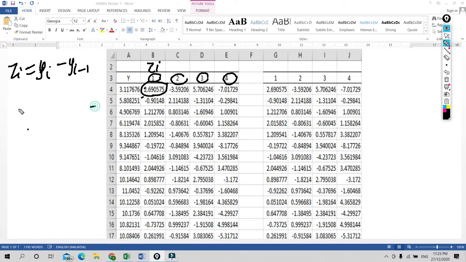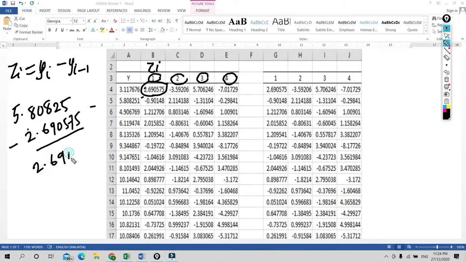So this value is equal to 5.808251 minus 2.690575, which is 2.690575, the first difference here.